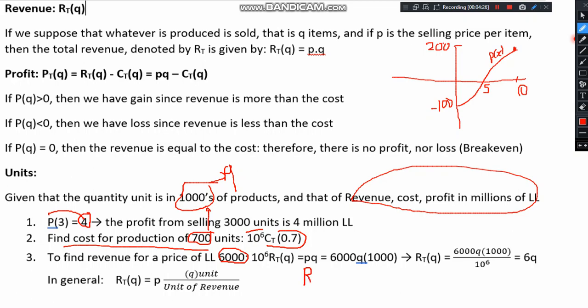The revenue is set with the price: the price is 6,000 times the quantity we sell, Q, with Q in units of 1,000. Since the revenue is in millions, instead of multiplying R by a million, we take it to the other side and divide by a million, and we get 6Q. So always, the revenue is the price as it is, times Q, times the unit of Q over the unit of revenue.